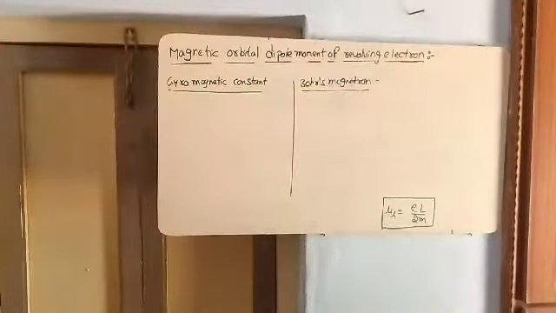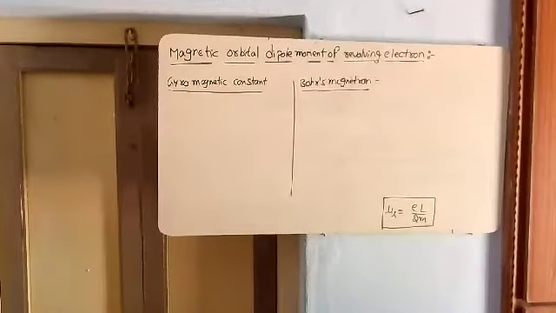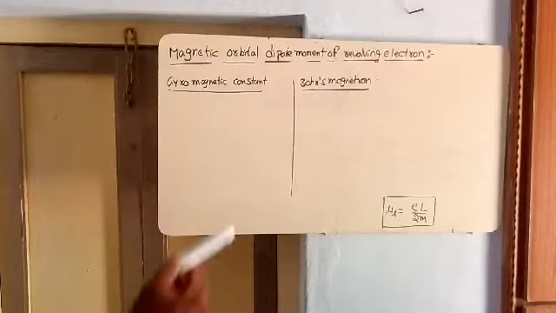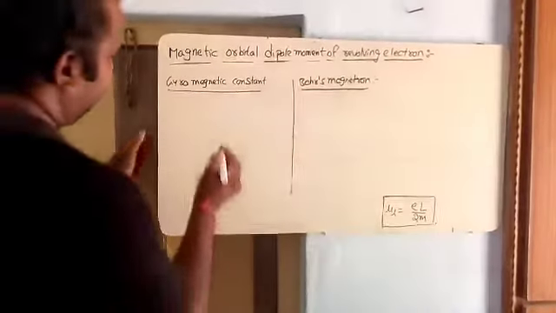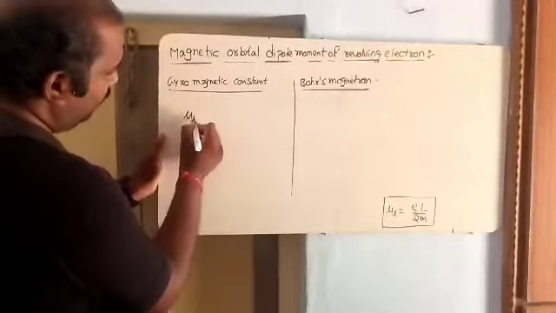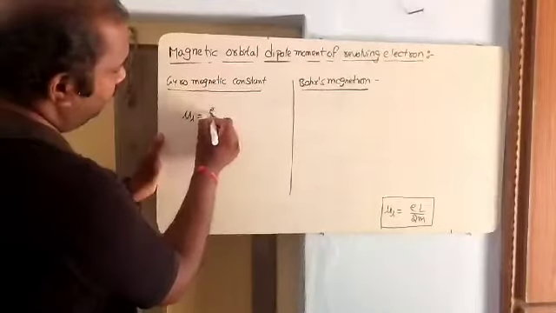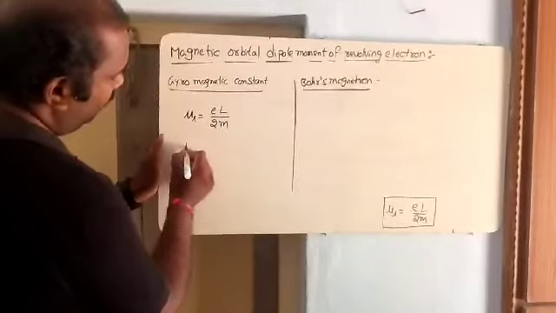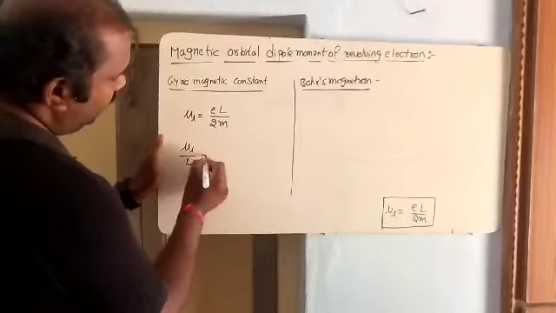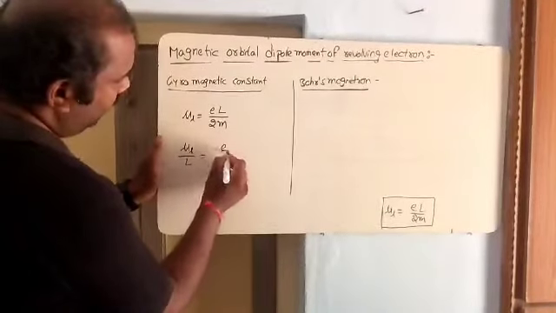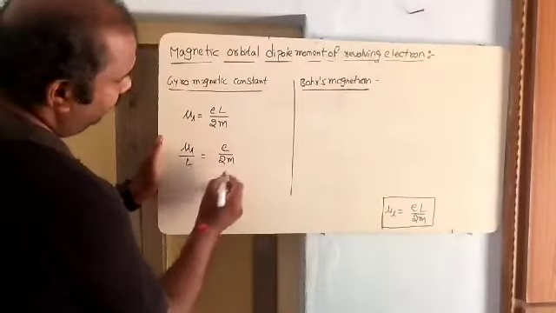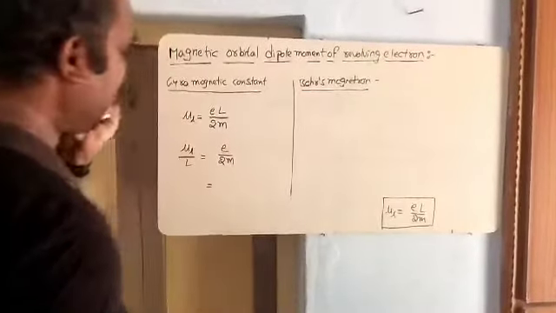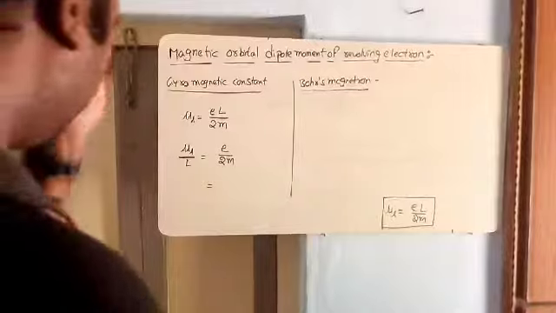See, gyromagnetic constant and Bohr magneton. Those two values you can get from the equation. See, first, mu L is equal to eL by 2m, or mu L by L is equal to e by 2m. e is nothing but charge.